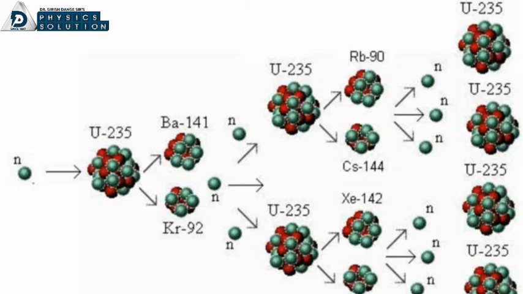So a total of 9 neutrons now strike 9 neighboring uranium nuclei, producing 27 neutrons and so on. Nuclear fission continues. This whole process takes place within a millionth part of a second and produces a very tremendous amount of energy.